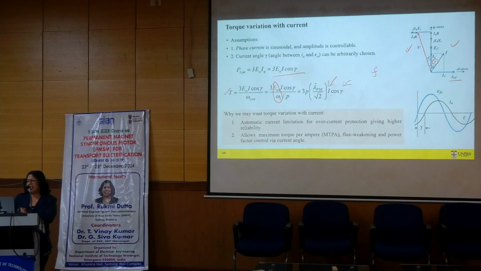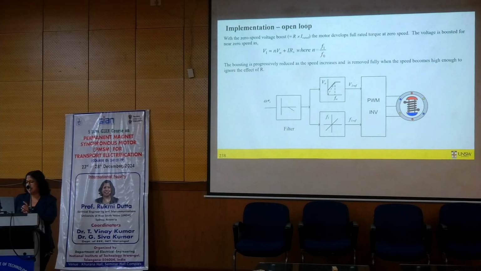So to do current control and current angle control, you can't do that with a PWM inverter like this one easily. You have to have some current controllers, and currents are AC currents, right? So you will need PI. If it is a PI controller, it cannot handle AC quantity properly, right? So you have to go for maybe some PR controllers, the proportional resonance controller, and it could make things complex because AC quantity control is not so easy.